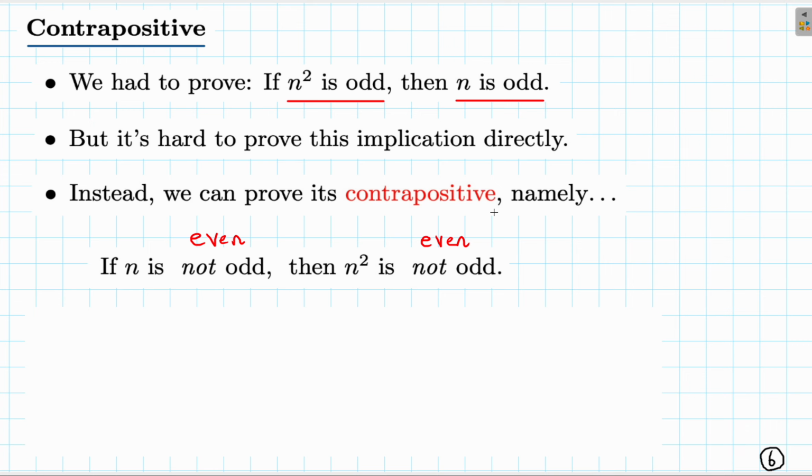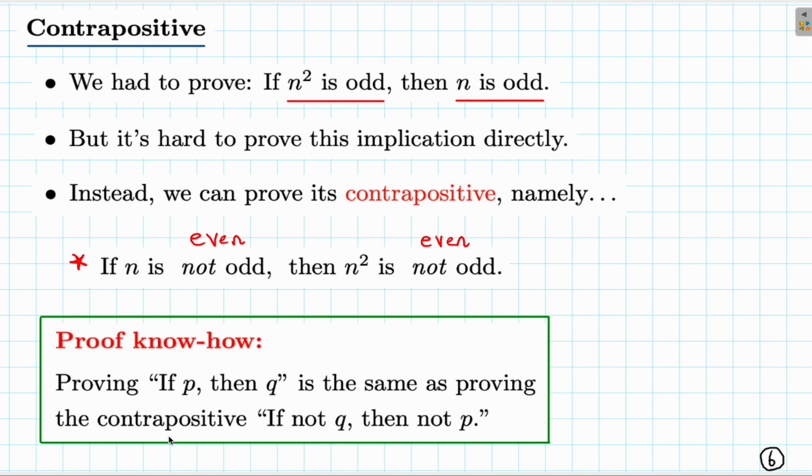And I'll leave that up to you to prove it, but I think you'll see that proving if n is even, then n squared is even is much more manageable than trying to prove the statement in problem 3 directly. But the upside is that proving this will allow you to say, because we just proved the contrapositive, we can also say that this statement must always be true. And so here is our proof know-how.